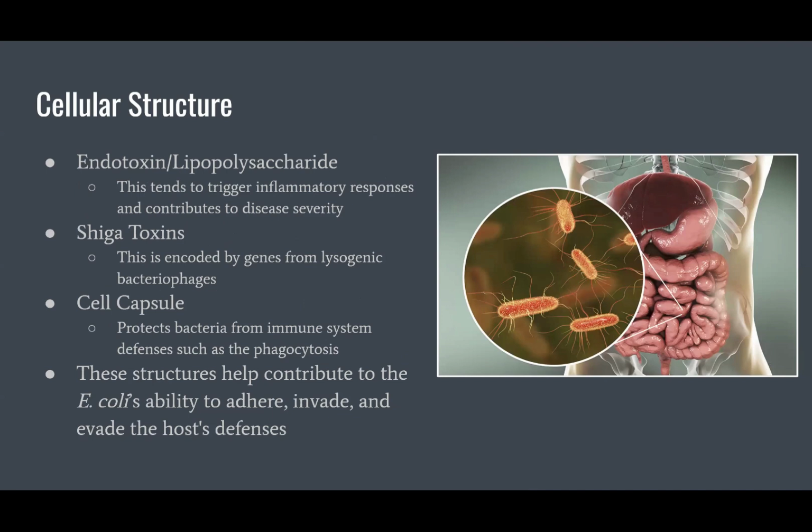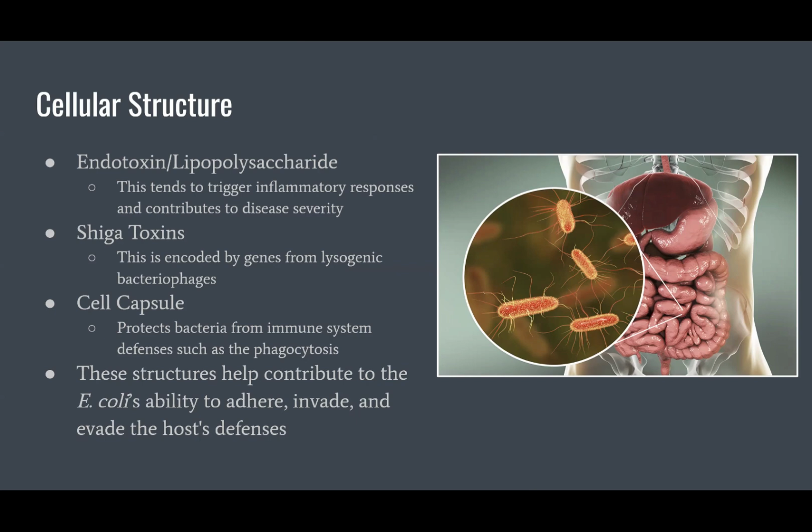The outer membrane, known as the lipopolysaccharide layer, acts as an endotoxin and contributes to the inflammation and immune response. The Shiga toxins, though not physically part of the cell wall, are encoded by bacteriophage genes inserted into the bacterial genome. These toxins are responsible for damaging blood vessels in the intestinal lining, leading to bloody diarrhea.